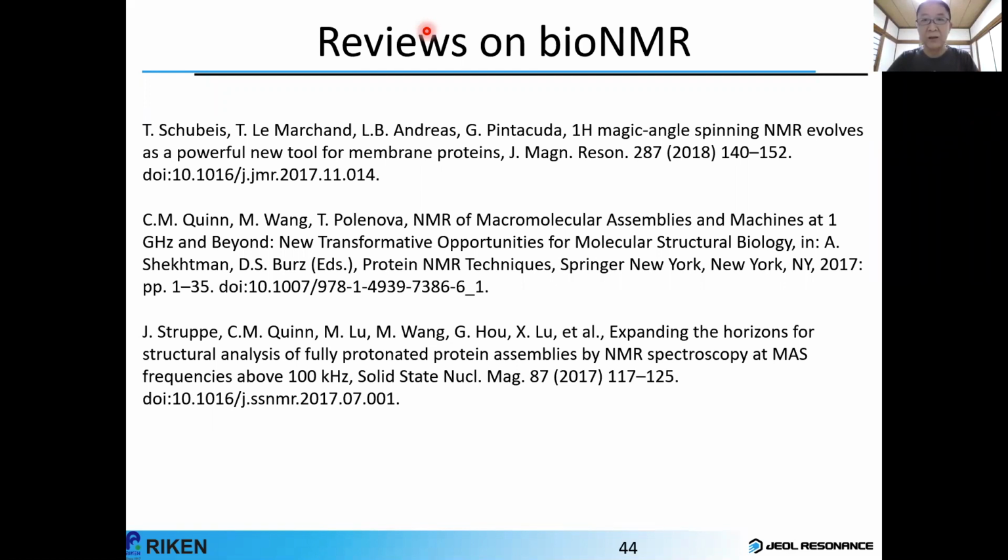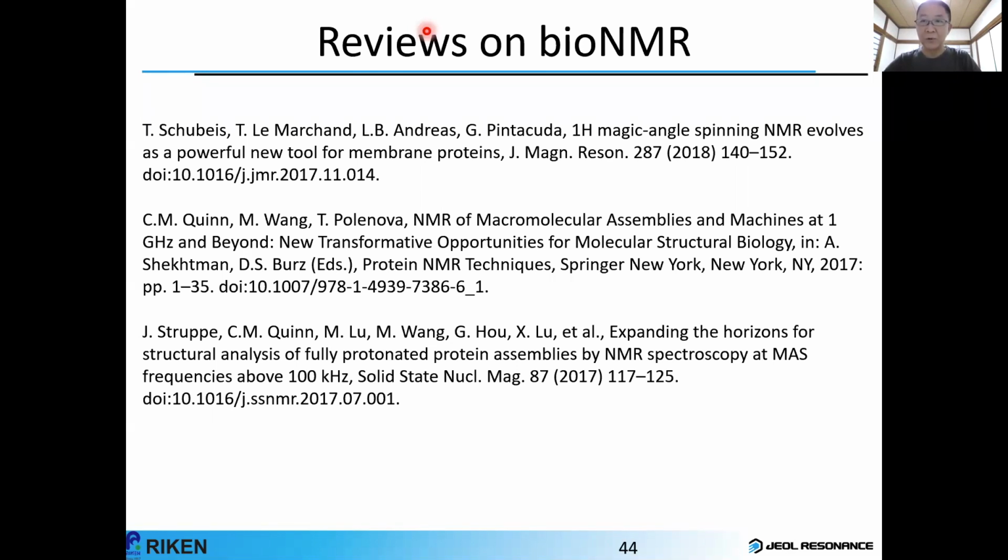Then typically we can use a much slower spinning frequency than for protons. Fluorine-19 is much easier than proton. Actually, we don't see so much resolution improvement at very fast MAS rates.